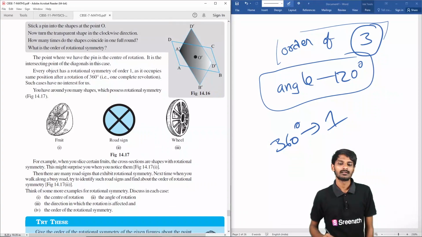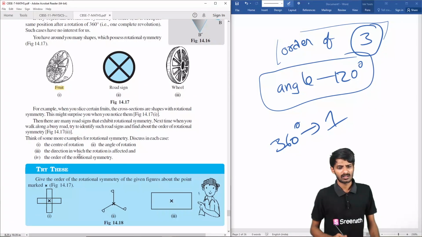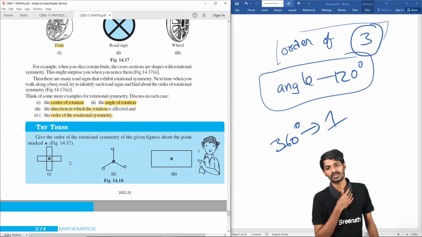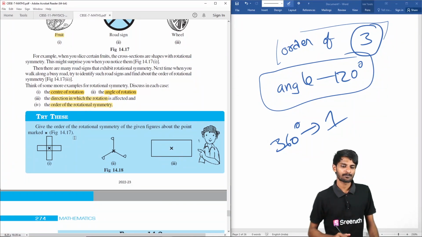This wheel, does it have rotational symmetry? Yes, it is having rotational symmetry, friends. So think of more examples which have rotational symmetry, and the center of rotation, the angle of rotation, the direction, and the order of rotational symmetry. Think of them. Okay, students.